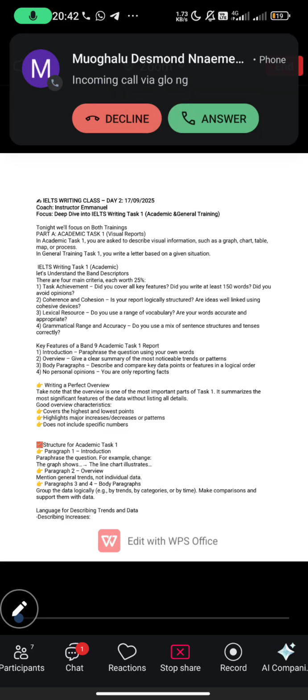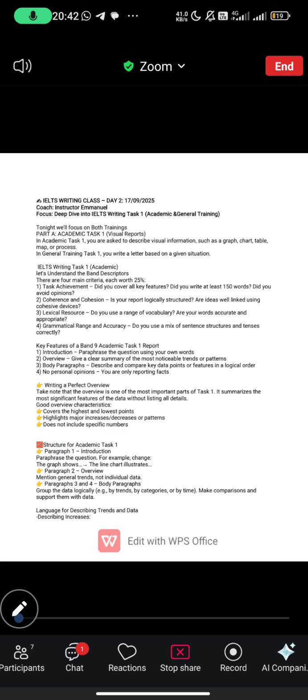If you did, then you're good to go. Are your ideas linked using cohesive devices like transitions, overall? For the overview paragraph, and then for the detailed paragraph, you can start with firstly, from January to June, secondly. That's like linking the paragraphs, arranging it structurally.